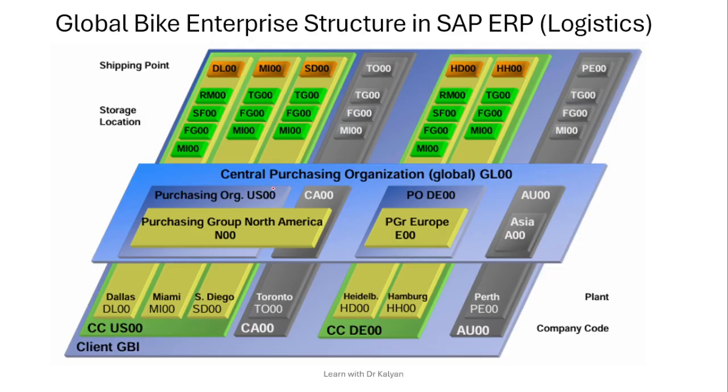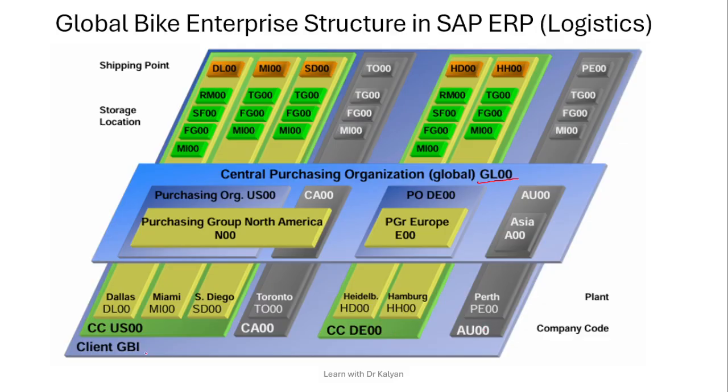Now let us go to purchasing organization. Strictly speaking, there are different purchasing organizations for Global Bike Enterprise. One purchasing organization is GL00. They are responsible for purchasing raw material for the entire GBI client. GBI has a presence in the US, Canada, Germany, and Australia.